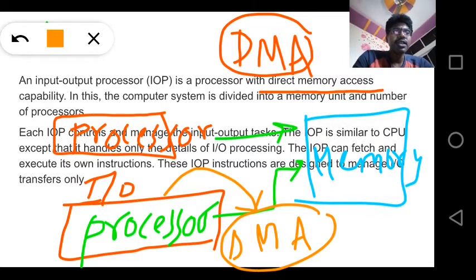If we have a single block of data transfer, then we can go for synchronous or asynchronous data transfer.